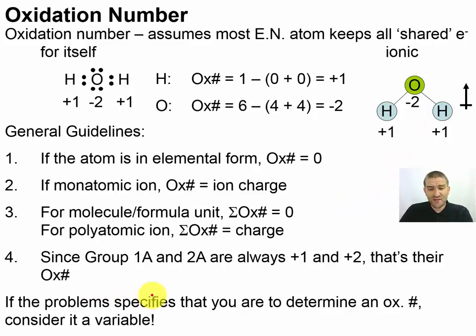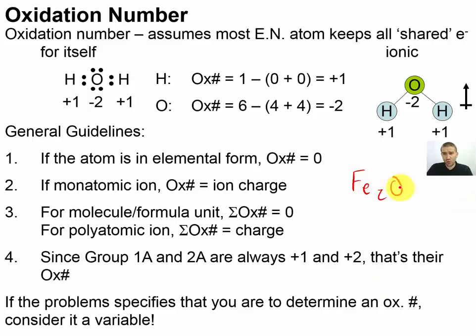Now, if the problem asks you to determine an oxidation number, for example for rust, Fe2O3, and it asks what is the oxidation number of iron, you work it backwards. I see that the overall charge is 0. I know that oxygen will always be -2, and I have three of them, which I add to some unknown charge for iron.